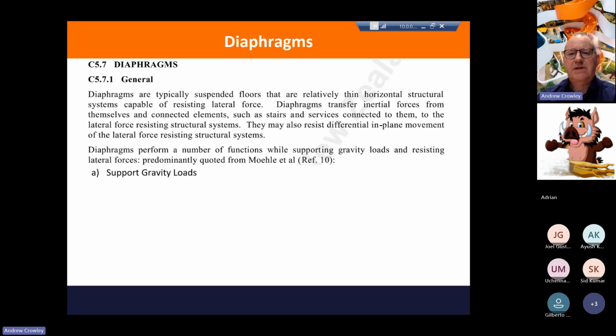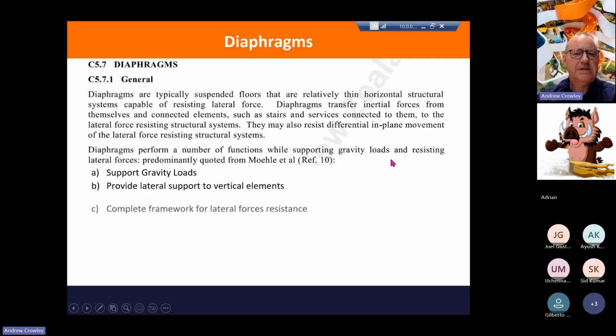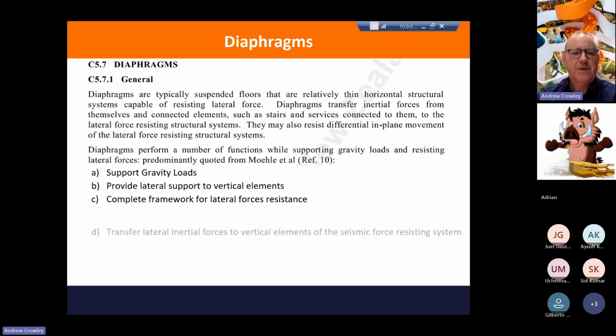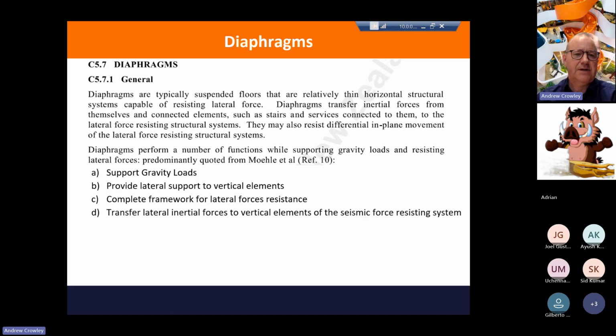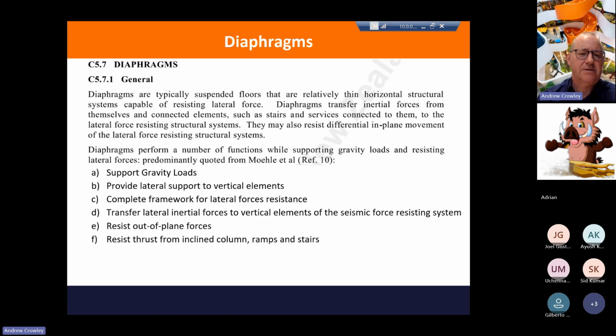They perform a number of functions as well as resisting gravity loads. They carry the gravity loads, they provide lateral support to the vertical elements, they complete the framework for lateral forces of resistance, and they transfer lateral inertial forces to vertical elements of the seismic force resisting system. They resist out-of-plane forces, for example wind, as well as seismic loads.